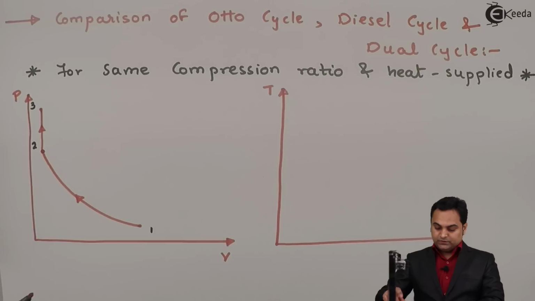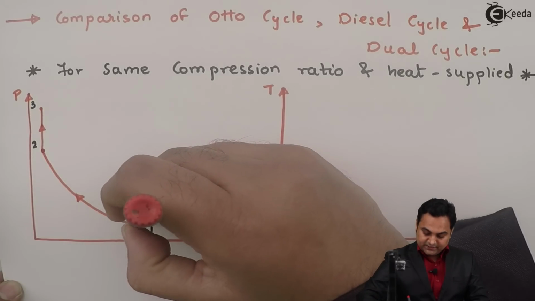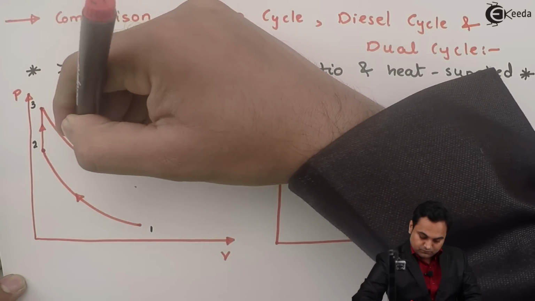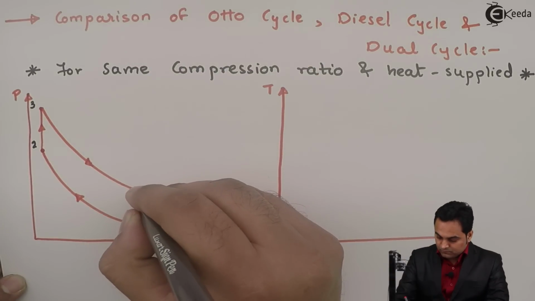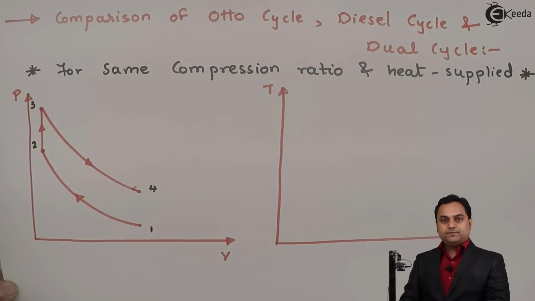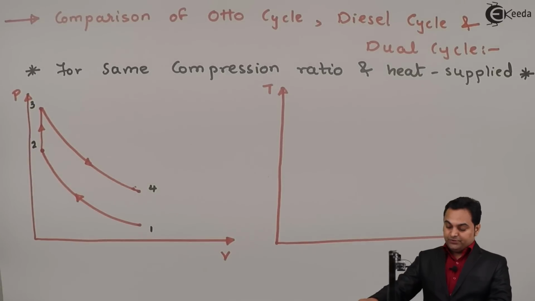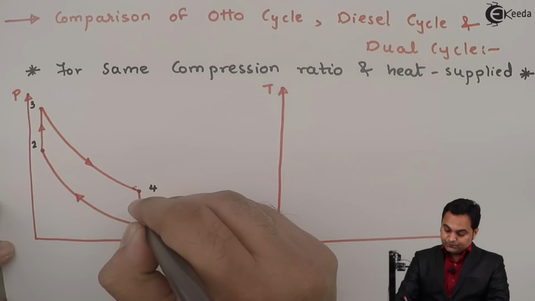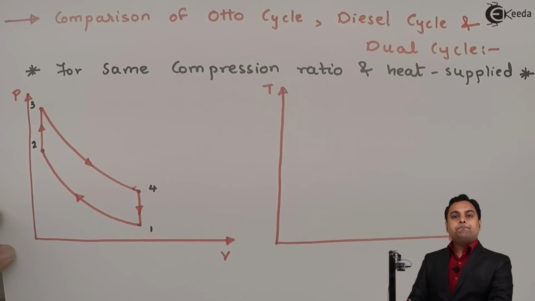Next, after this, process 3 to 4 will be isentropic expansion. Like 1 to 2 was isentropic compression, 3 to 4 is isentropic expansion. Next, process 4 to 1 is constant volume heat rejection.